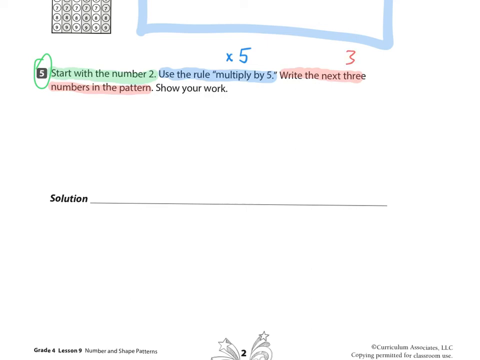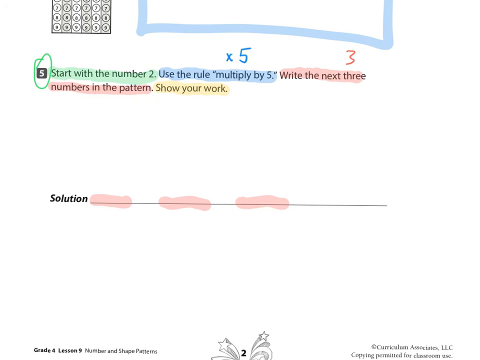So down here, you're going to need 1 answer, 2 answers, 3 answers. Don't forget to show your work. How did you get your answers? Do something to show that you're getting that. So there's a lot of steps to this. Starting with the number 2, use the rule multiply by 5, and then write the next 3 numbers in the pattern.